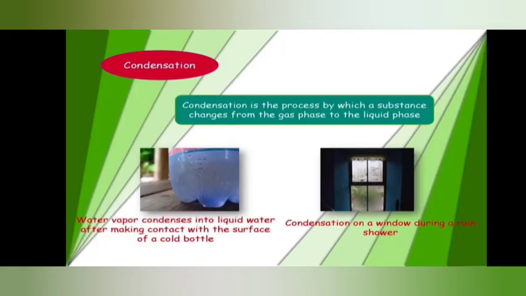Okay, and the next method is condensation. Condensation is the process of conversion of water vapor into its liquid form. It is the opposite of evaporation. Now, you can do this activity at your home.